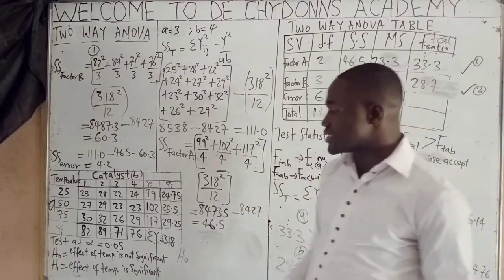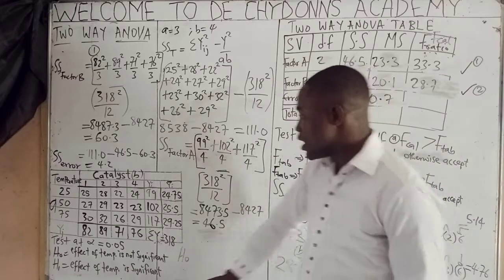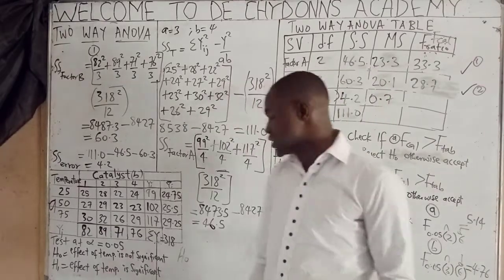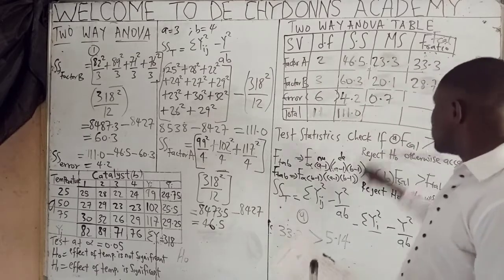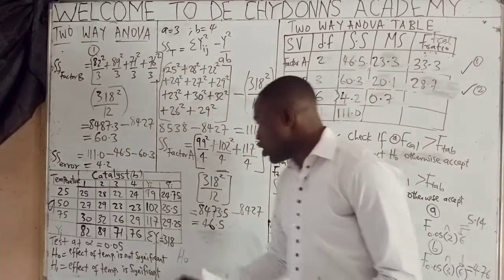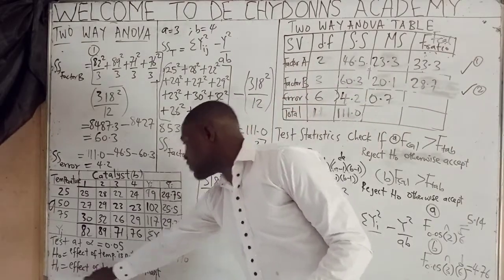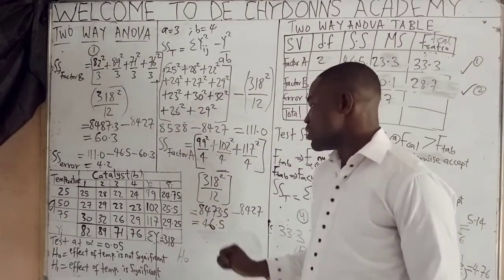So what you do is replace temperature with catalyst for the second conclusion. What you calculated for catalyst is greater than what you got from your table. You now say, okay, I am accepting the alternative hypothesis and I am rejecting the null hypothesis. Why?